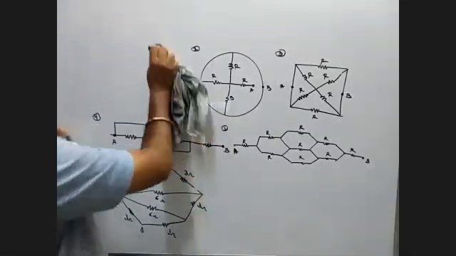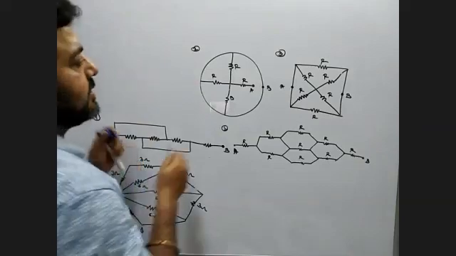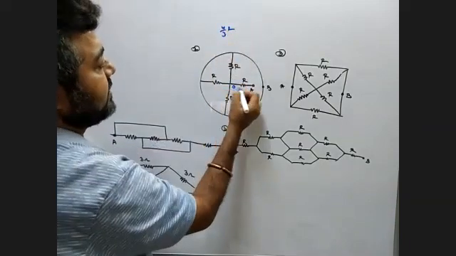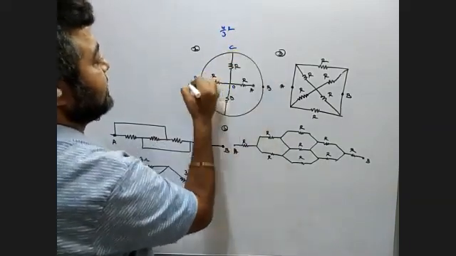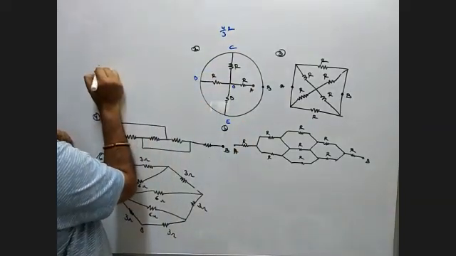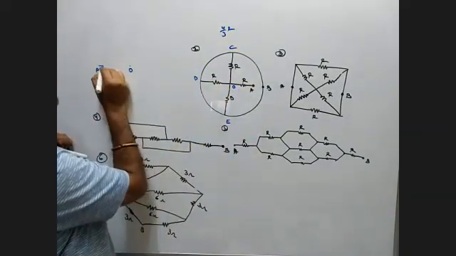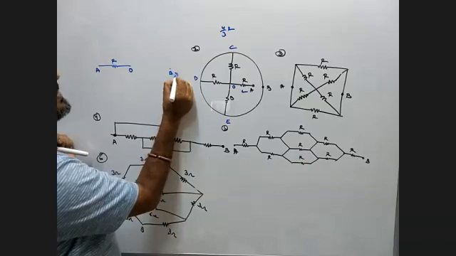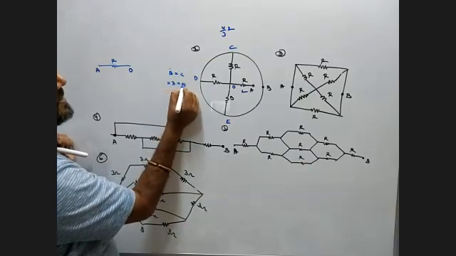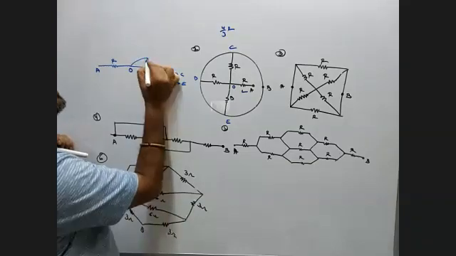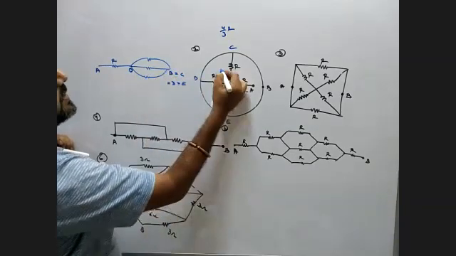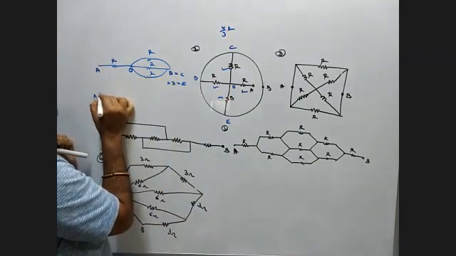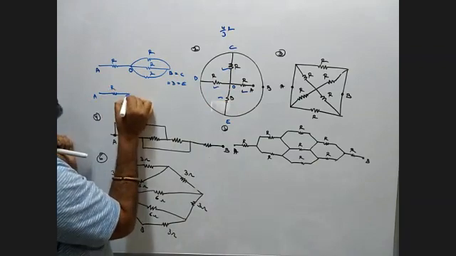Now the second one, what is the answer? 4R by 3. Let's try O, A, B, C, D, E. So A and O, you have one resistor, R. O and B, which is C, which is D, which is E, so you have 1, 2, 3 resistors, R, R, R. So A to O is 1 resistor.